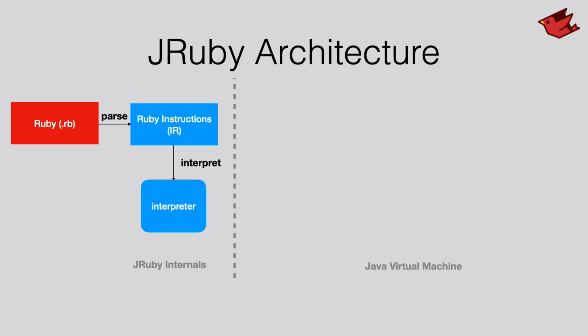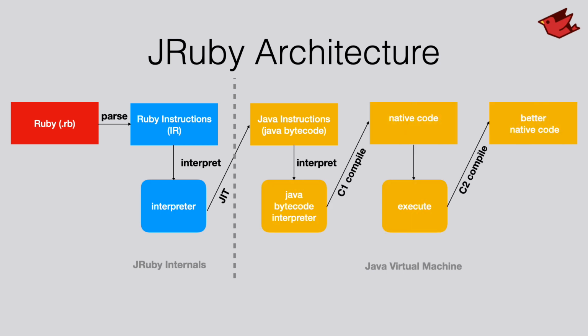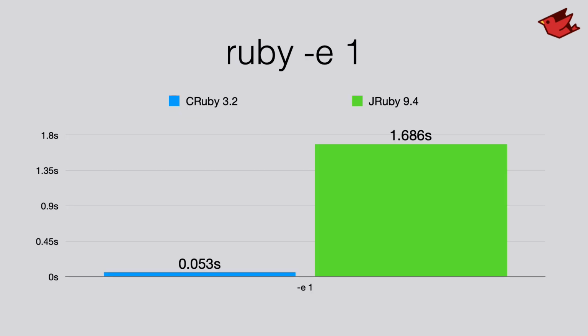Once we determine that a piece of code is hot or being used heavily, then we will turn that into JVM bytecodes. Those JVM bytecodes then get interpreted by the JVM and eventually turned into native code. And this goes around and around for a while as it gathers information and works to optimize Ruby code into the fastest native code that it can. So how does this translate to startup? Well, it can be a little rough.